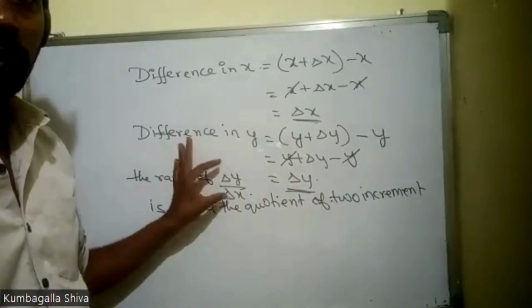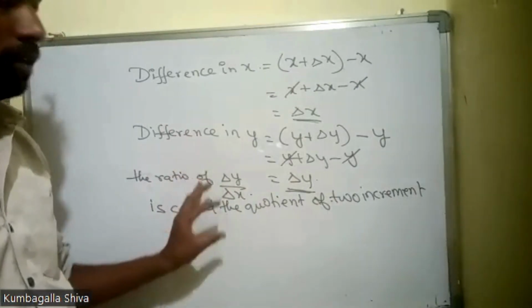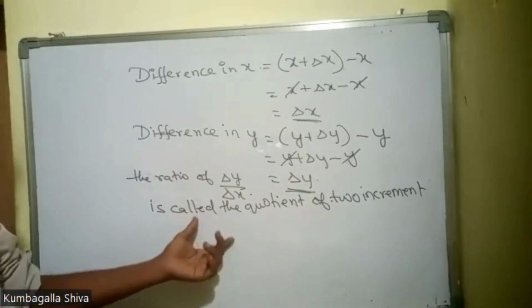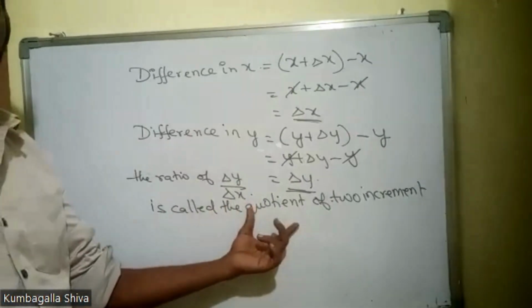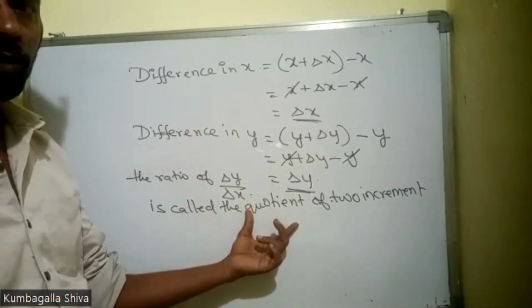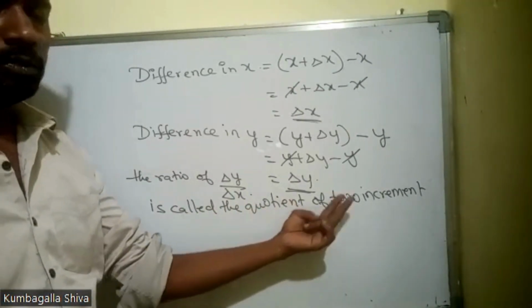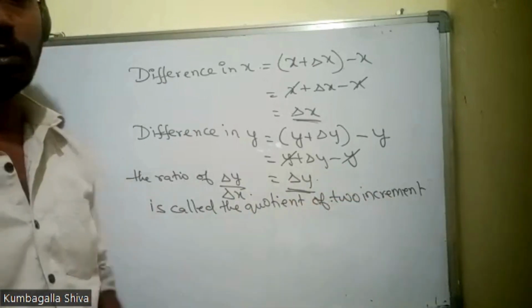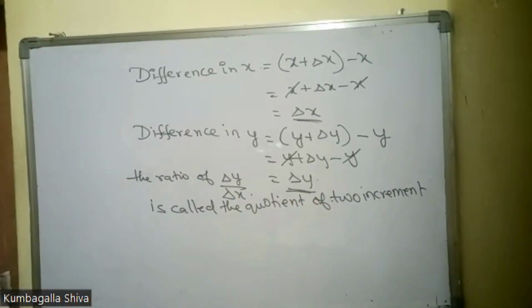Delta y is one increment and delta x is another increment. You find delta y by delta x, and you get some quotient value, some number, of two increments. That is called the difference.